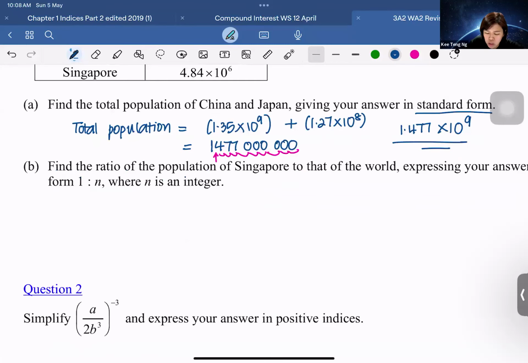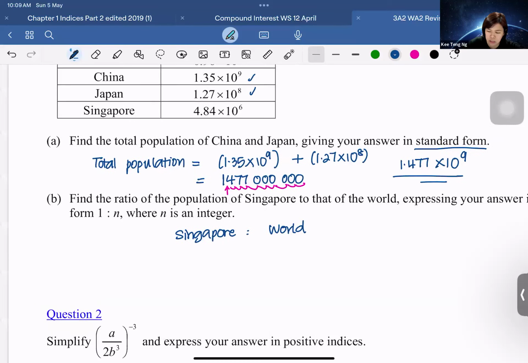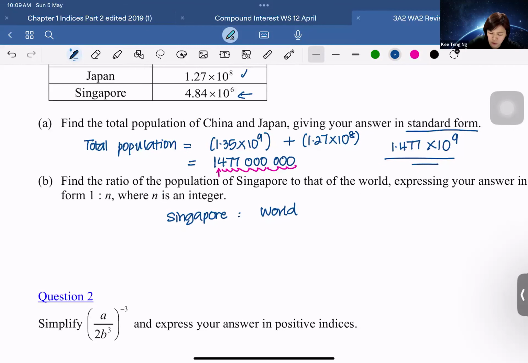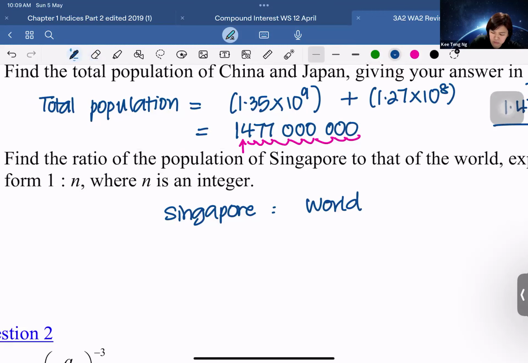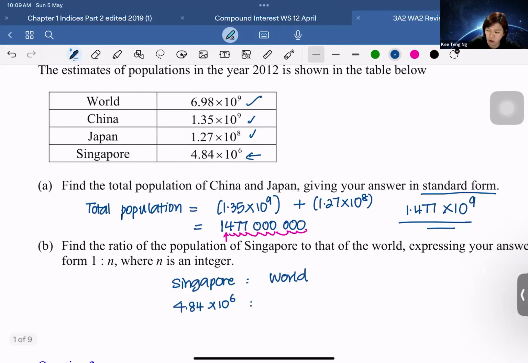Okay, next question. Find the ratio of population of Singapore to that of the whole world, right? So the population for Singapore is 4.84 times 10 to the power of 6. And the population of the world is 6.98 times 10 to the power of 9.